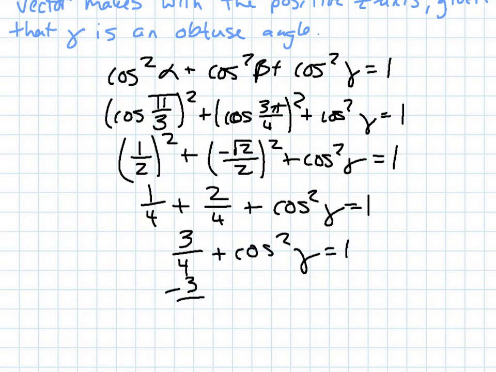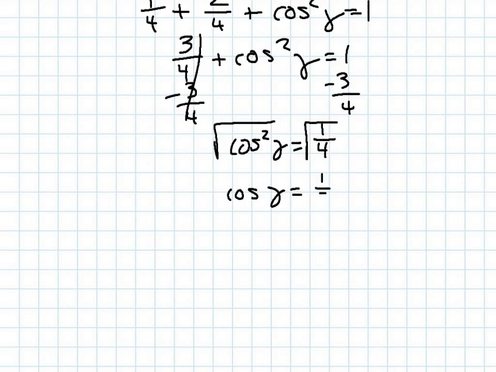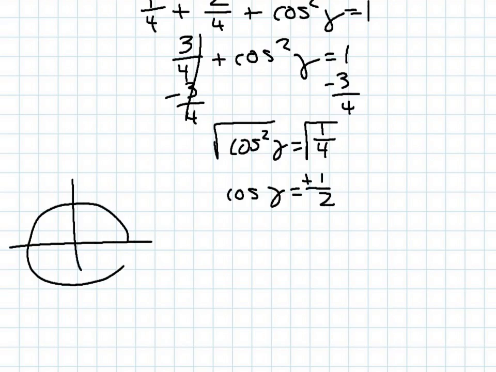Then I want to solve for cosine of gamma. So cosine of gamma squared is 1/4, and then take the square root. Cosine of gamma is equal to plus or minus 1/2 initially, but since you want the obtuse one, remember that we're looking at angles between 0 and pi.